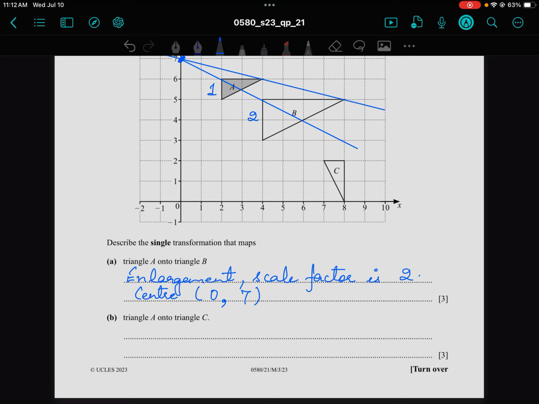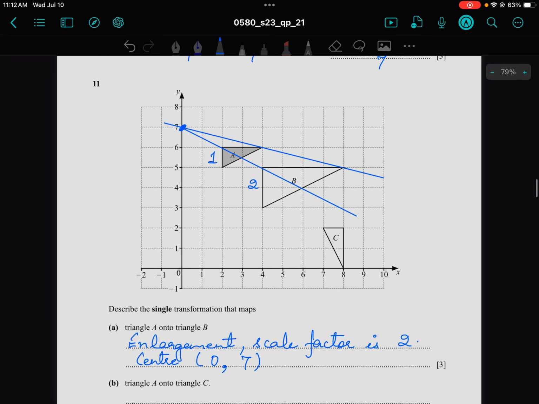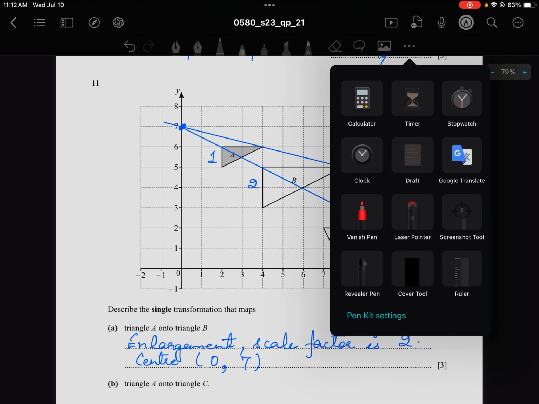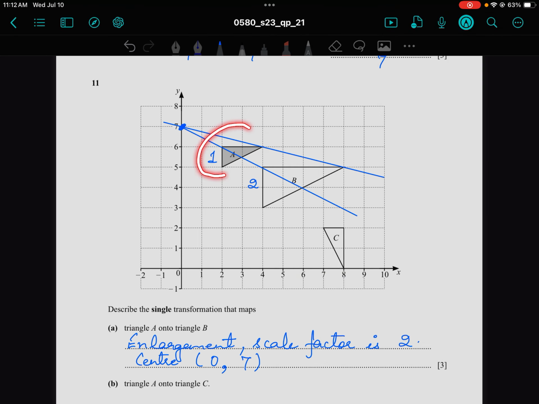Now coming to question number 11 part number B. You can see from here with this figure and this figure, we can see from here to here what's happening. It's rotating. And how much is it rotating? When you see this side is coming to this side and the rotation is 90° clockwise.